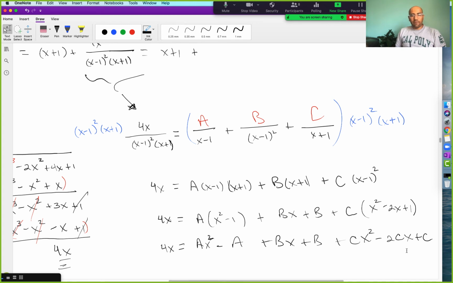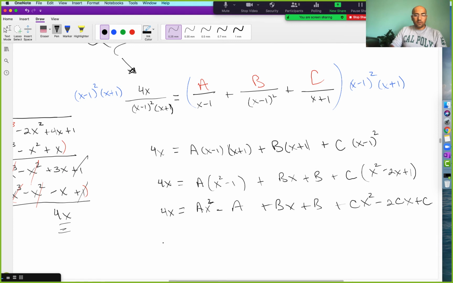Okay, again, we group them together based on powers of x. So we get 4x equals to a plus c x squared, and that takes care of this one, and it takes care of that one.